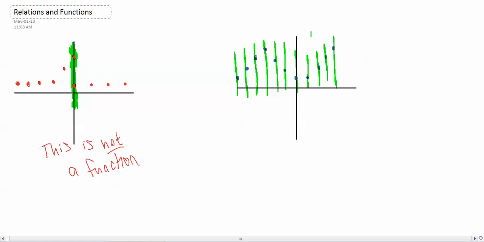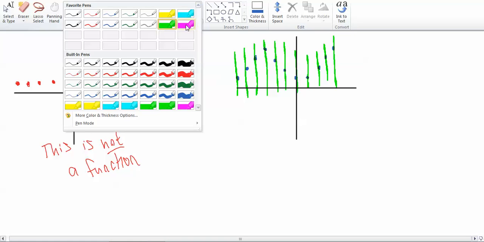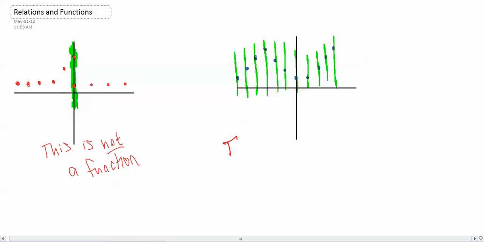So this is guaranteed to be a function. So the vertical line test is used to determine whether a graphed function, whether it be a continuous function or a discrete function, matches our criteria for being a function or merely just a relation.